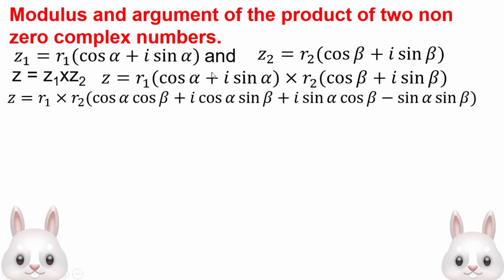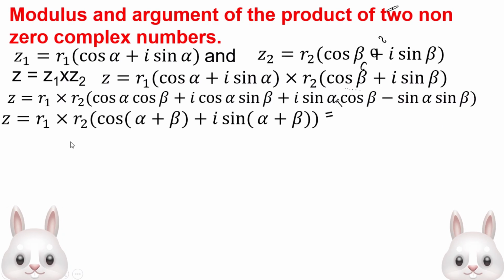So the real part alone and the imaginary part alone: cosine alpha cosine beta minus sin alpha sin beta, plus i (cosine alpha sin beta plus sin alpha cosine beta).